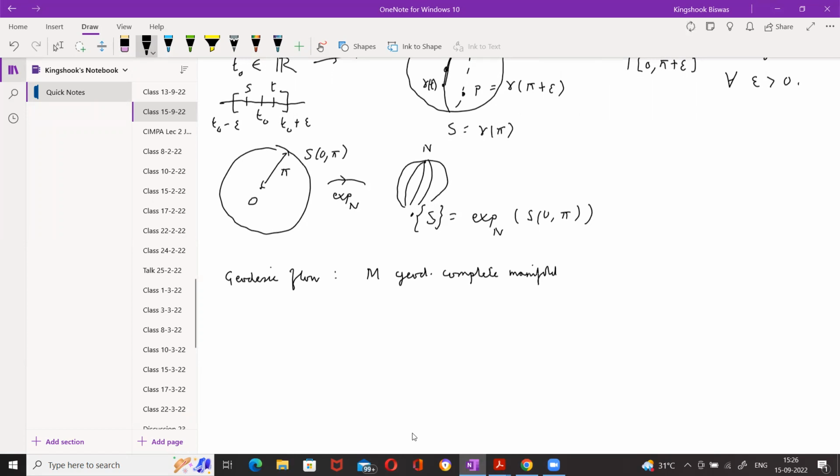And the geodesic flow goes from the tangent bundle to the tangent bundle.